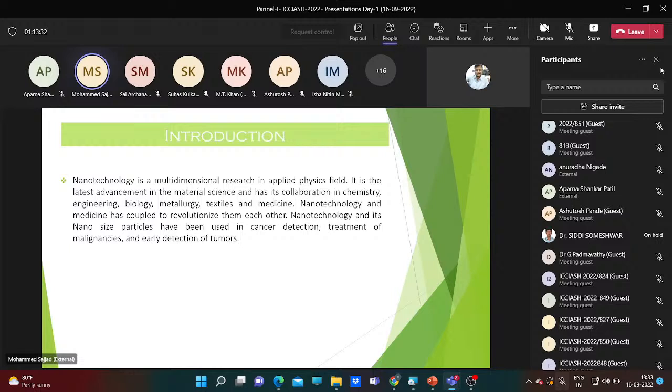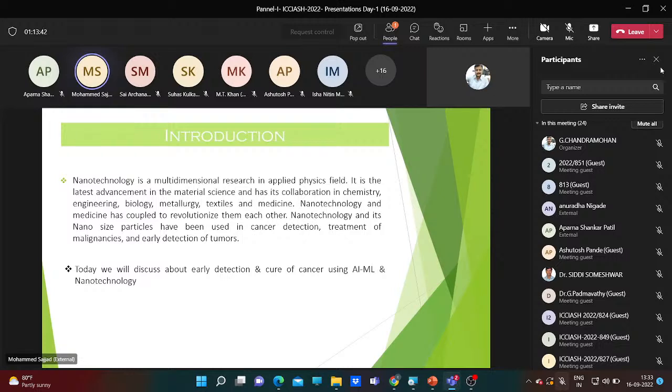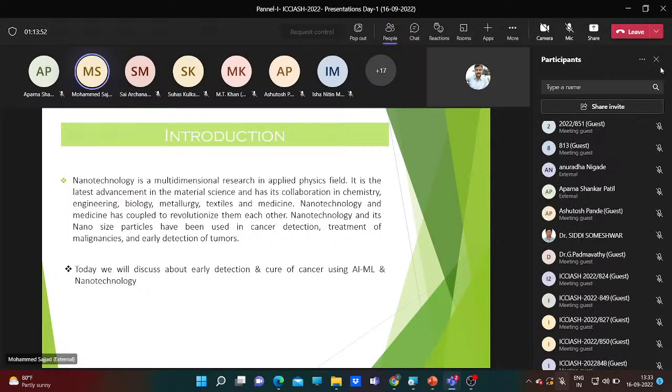With the help of nanotechnology, nano-sized particles have been used in cancer detection, treatment of malignancies, and early detection of tumors. Today, we will discuss early detection and cure of cancer using AI/ML, that is artificial intelligence and machine learning, and nanotechnological utilizations.